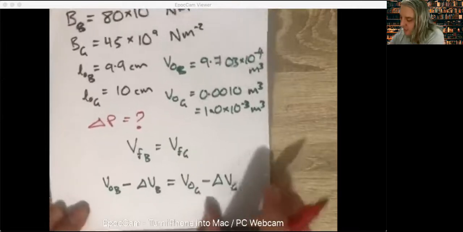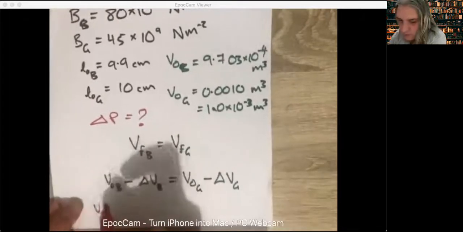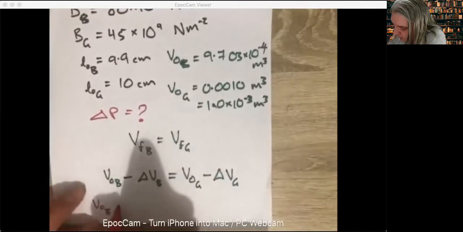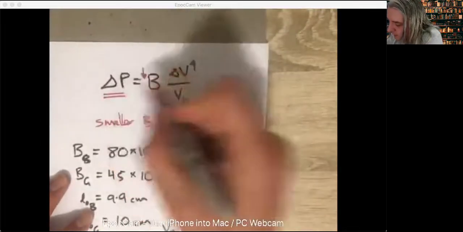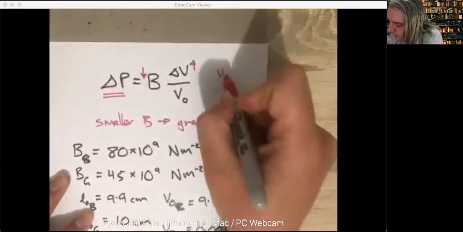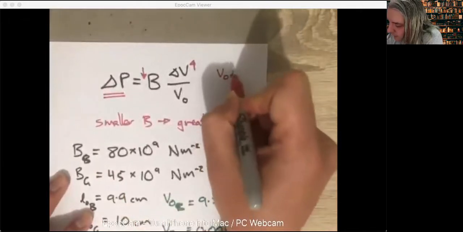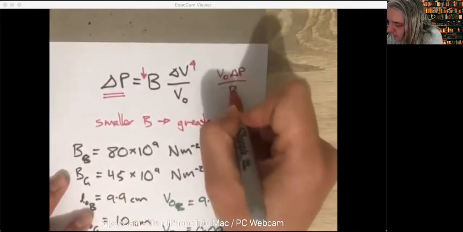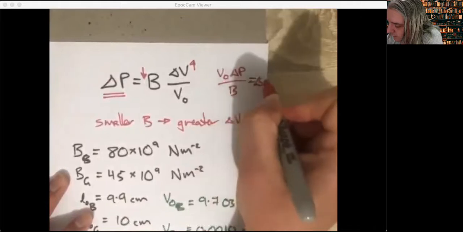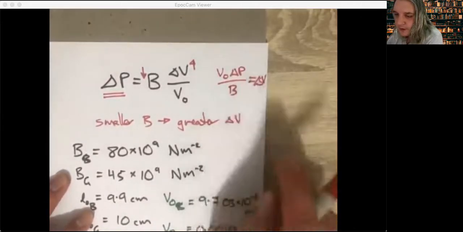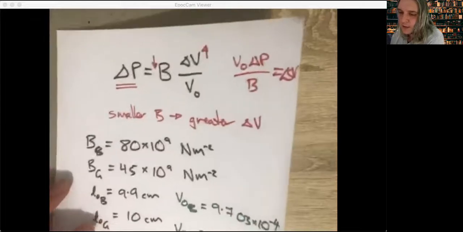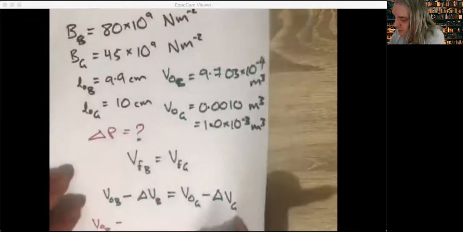If we rearrange this, the V naught and the B go to the other side, so we get V naught delta P over B is equal to delta V. That's what we're going to put in place of our delta V: V naught, change in pressure over the bulk modulus.